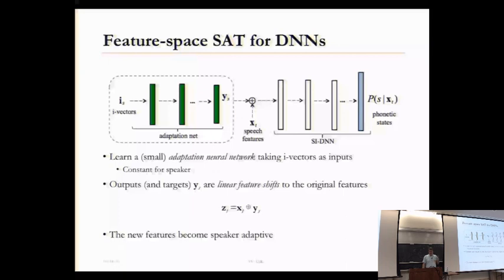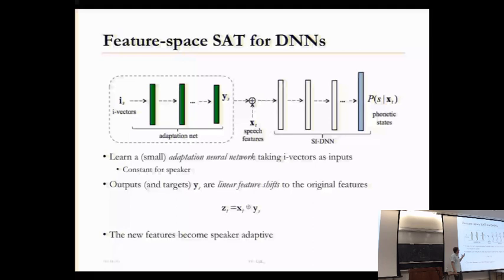So we tried this idea, and it works really nicely. So instead of appending the I-vectors to the features, we're training a little adaptation network that takes I-vectors as input, constant for the whole speaker, and predicts a feature shift to the input features of the network that we can then apply to the features during training.